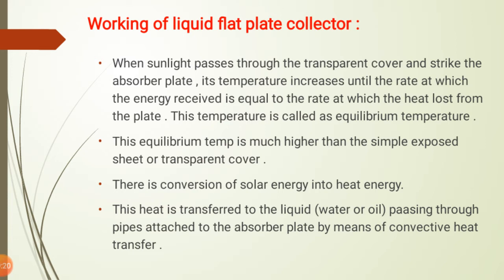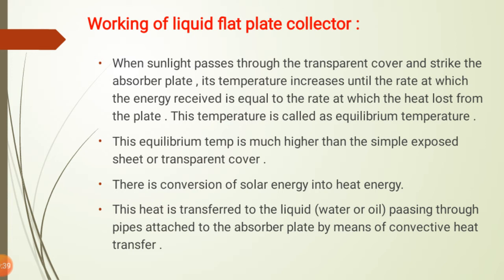That means there is absorption and emission. When these rates are equal, the temperature is maximum. This temperature is called the equilibrium temperature. That means when the rate of absorption and the rate of emission are equal, this temperature is known as the equilibrium temperature.